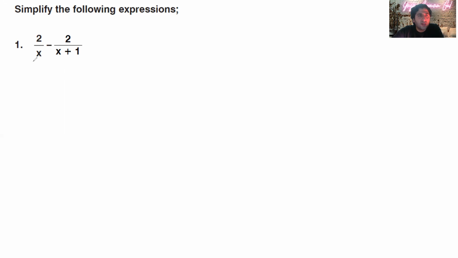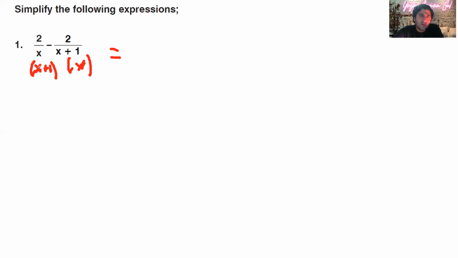So I'm going to write x plus 1 for this, and then I'm going to say x for this. Then we said when we're using anything to make the denominators equal, we're going to multiply it with the numerator as well.